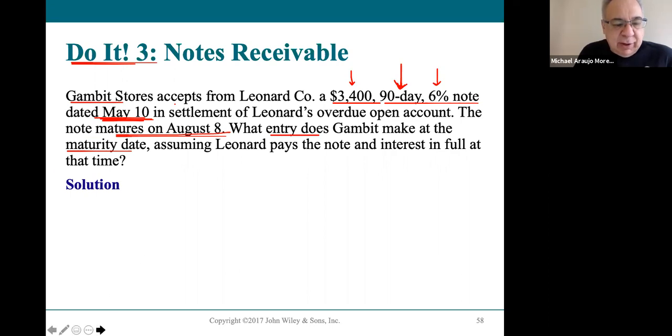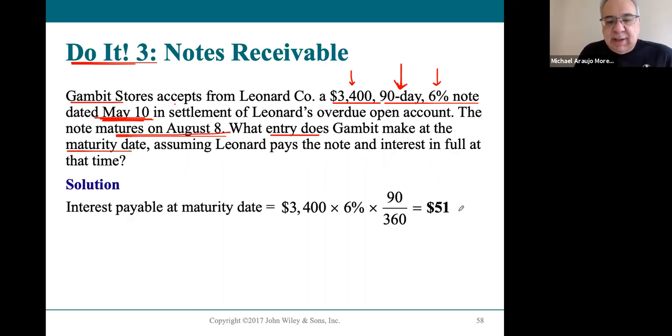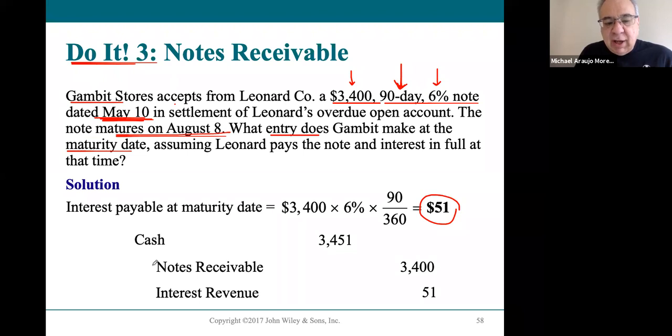So you do a little calculation, and you're going to see that they're going to earn $51 of interest on this note, and so you're going to collect $3,451 of cash to show a collection of the $3,400 note, and the $51 that you've earned becomes interest revenue. And we're done with the notes.